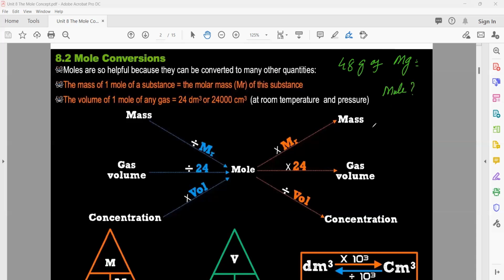So what is the formula? Formula of mole equal to mass divided by AR. What is the mass given to you? That is 48. What is AR of magnesium? 24. So when you divide it, answer will be 2 moles.